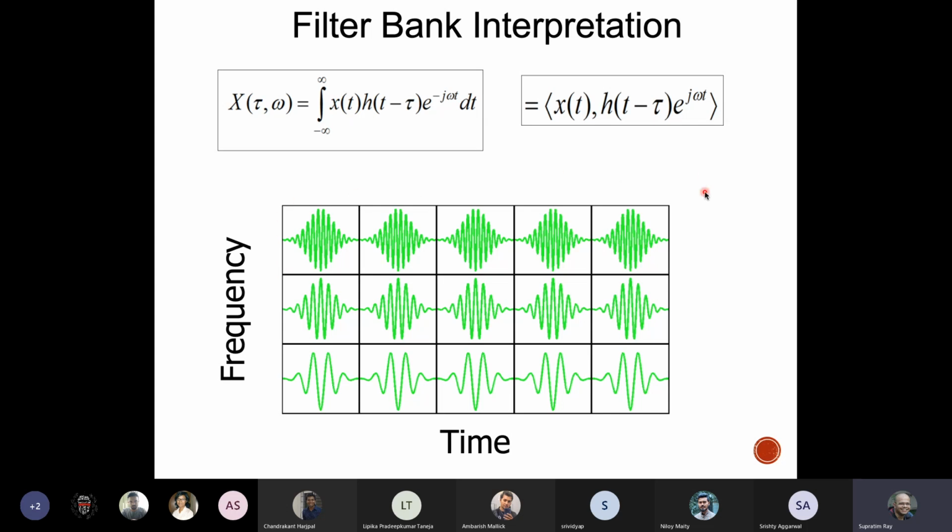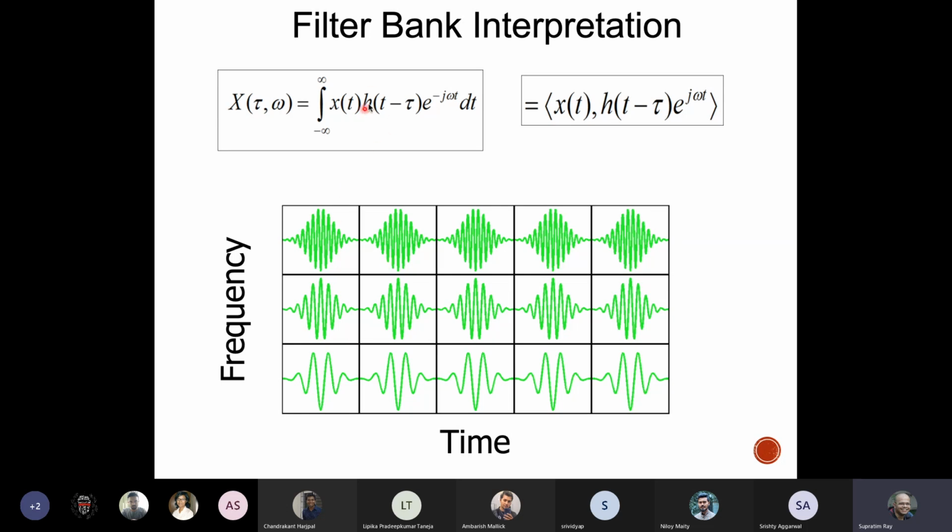The idea is that you make these boxes, so you divide your time frequency space into small tiles, and you have to think of as if each tile is home to one function, which is now shown here.